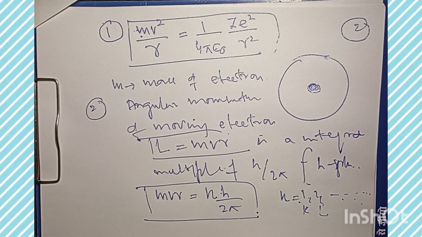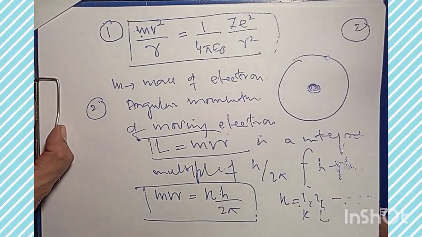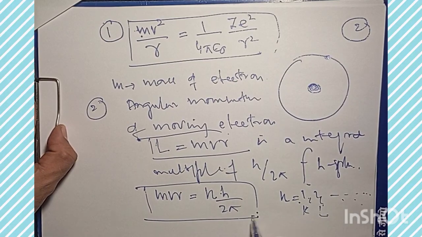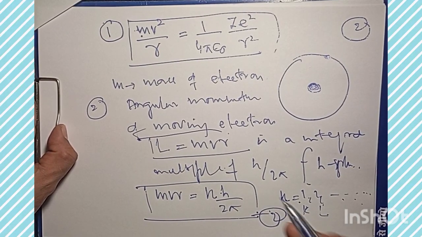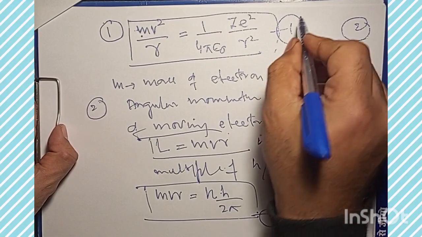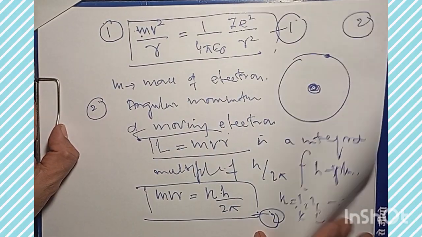This point is clear up to now, that we have this quantum condition of angular momentum of the electron equal to the integral multiple of h by 2 pi. So this is my condition number 2, and I will call this condition number 1. I have written one on the left and one on the right.